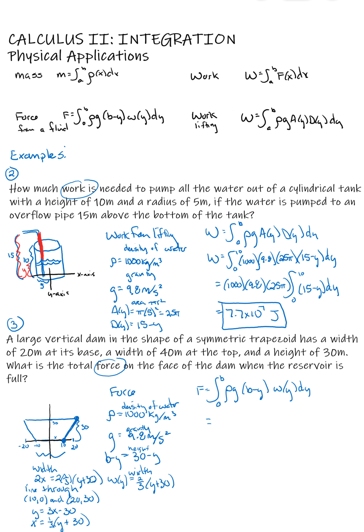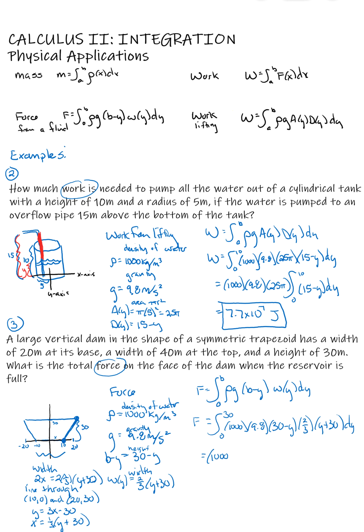Now if we put that into our equation, we're going from 0 to b, where b is our height. So that's from 0 to 30 of 1,000 times 9.8 times (30 minus y) times 2/3 times (y plus 30) dy.